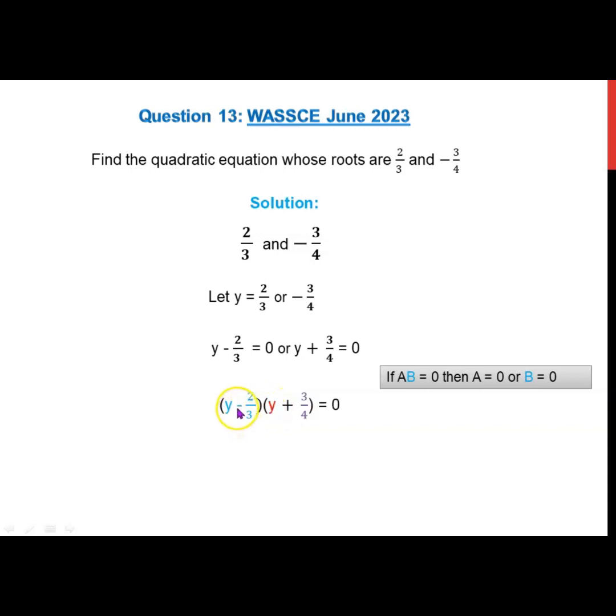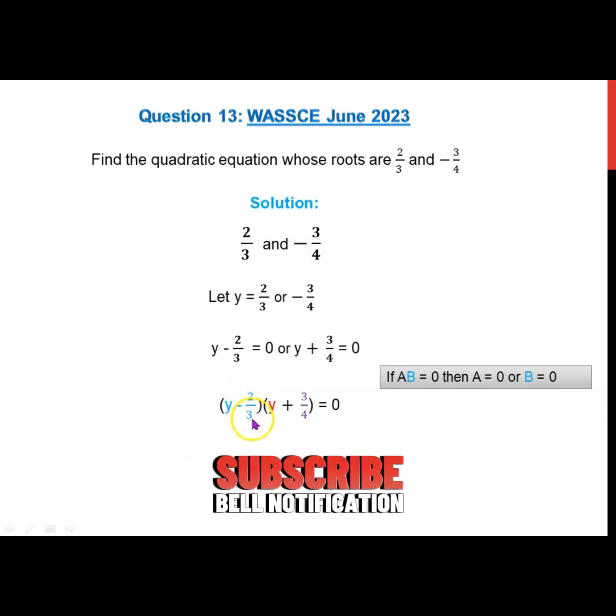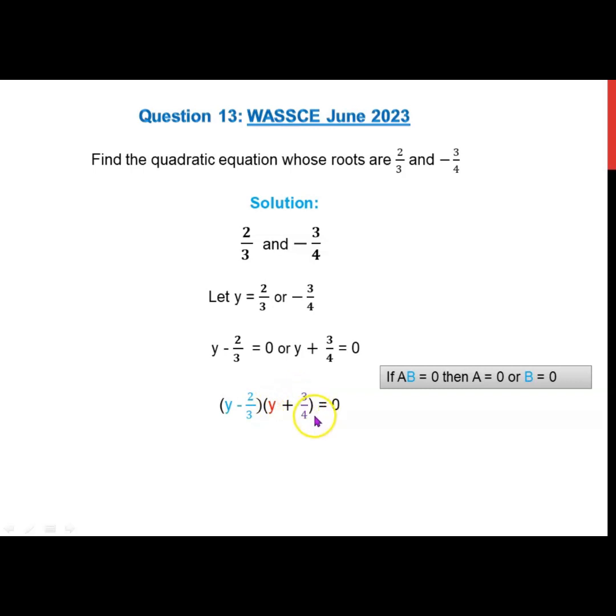So now everything will be equal to 0, which is y minus 2/3 multiplied by the bracket y plus 3/4, and that will be equal to 0. Let's open the bracket now.